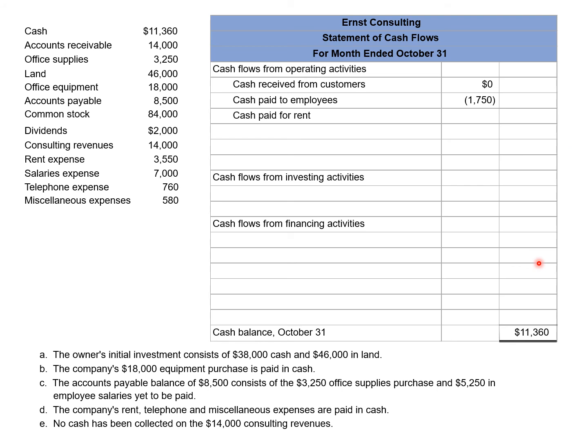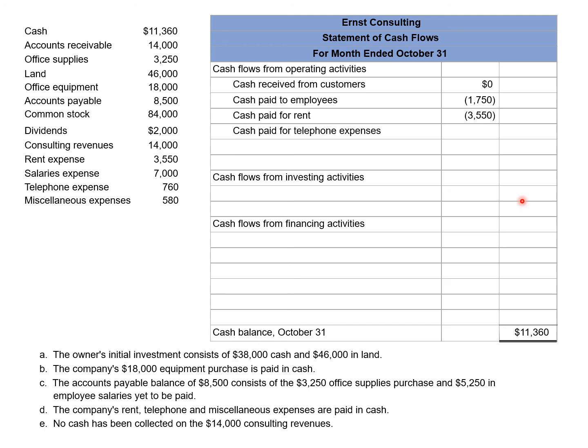So then let's look at rent. So rent is $3,550. And if we go down here to letter D, it says the company's rent, telephone, and miscellaneous expenses were all paid in cash. So cash paid for rent is going to be your $3,550. It's money going out the door, so it's a decrease in cash.